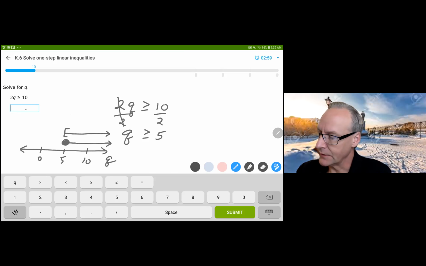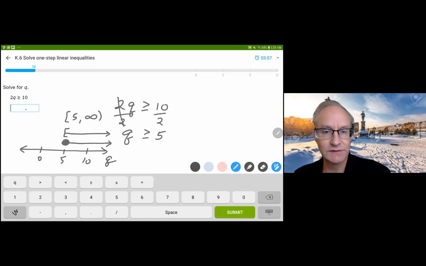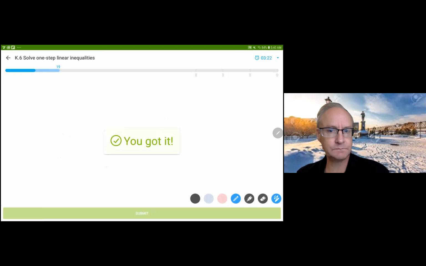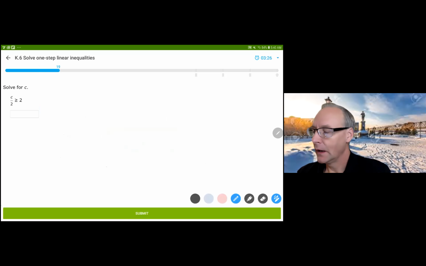So my interval notation would be 5 all the way up to infinity, and I'm going to get as close as possible, but I'm never going to quite get there. So there's your interval notation, your graph, and your solution. And this is q is greater than or equal to 5. Probably too much information, but there you have it.